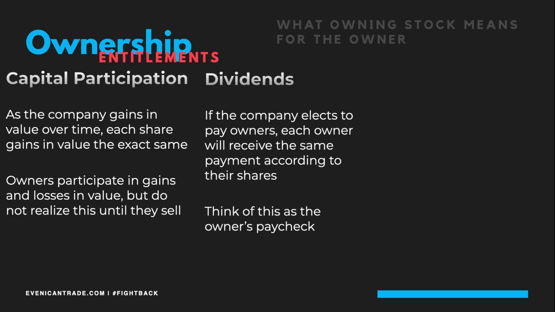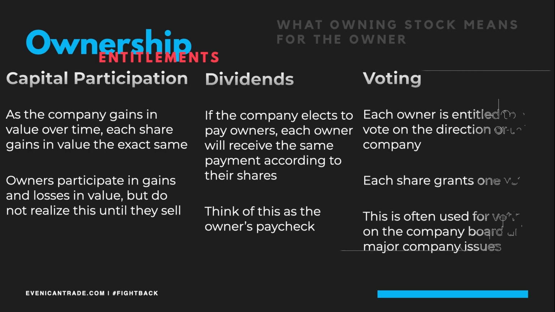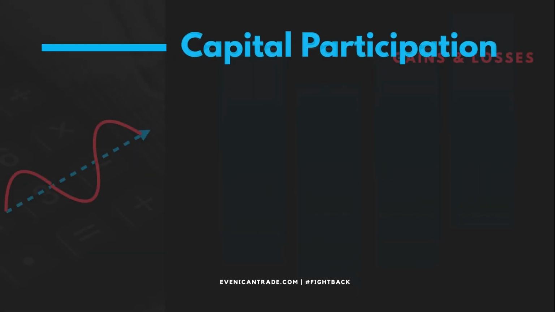It also entitles you to dividends. So you get payments sometimes if the company's doing well. So we'll take a look at that as well. And most importantly, for the power part of it, you get voting rights as entitlement to owning shares of a company. We're going to take a look at what that means as well. So let's go to capital participation.